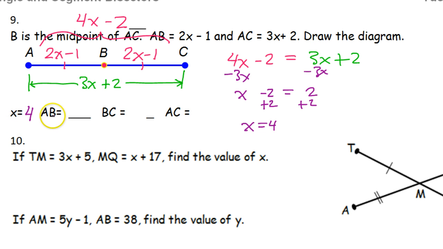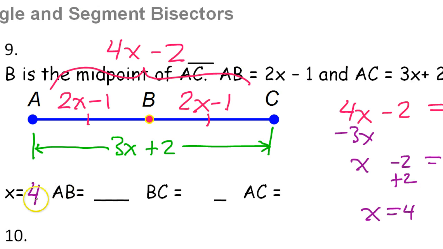Now, if I want to find the length of AB, I can take this 4 and substitute it in. If x is 4, then 2x minus 1 becomes 2 times 4 minus 1, and that's going to give us AB. Well, this is 8 minus 1, which is 7.